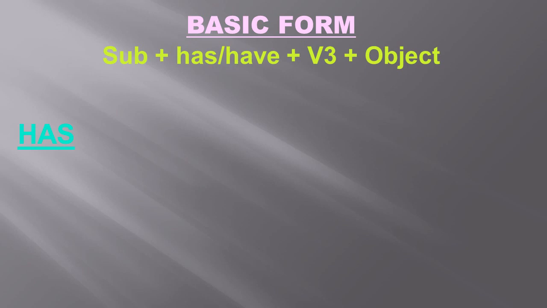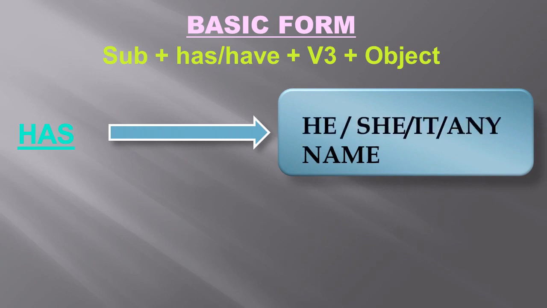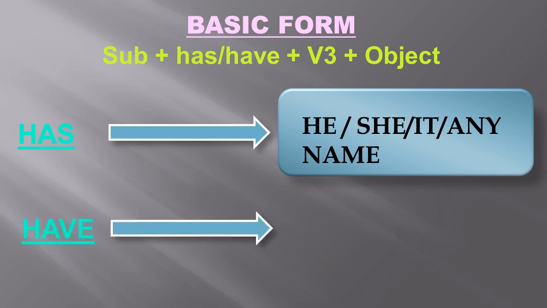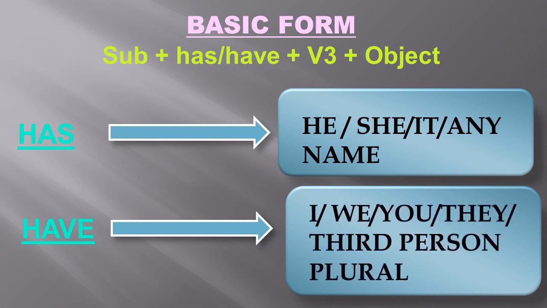Now the question arises where we have to use has and where we have to use have, similar to do or does. So has is used with the subjects when the subject is he, she, it or any name, similar to does. And have is used with the subjects like I, we, you, they or any name.